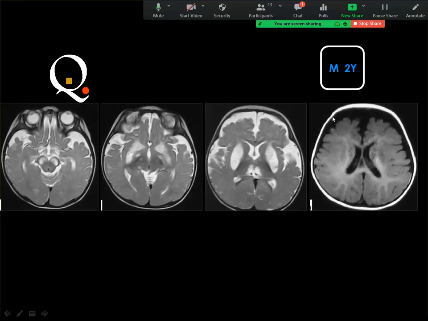Next case is a male child, 2 years old, with abnormal signal at the basal ganglia, as you can see here. This is axial T2 weighted images, and this is axial FLAIR, axial T1, sorry.